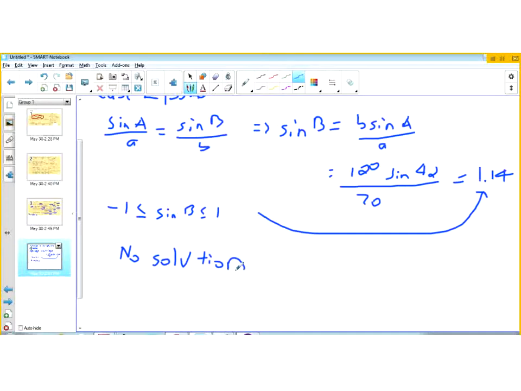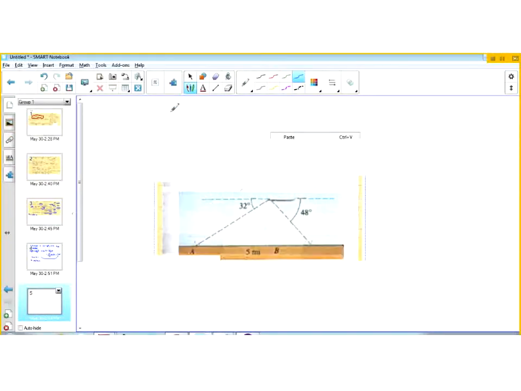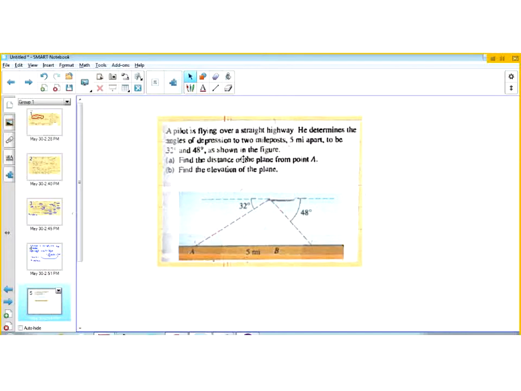Okay. All right, so let's do 2 word problems using the law of sines. I'll paste them from the lecture notes and we'll work through them. This one is an aviation problem. In this problem, a pilot is flying over a straight highway.